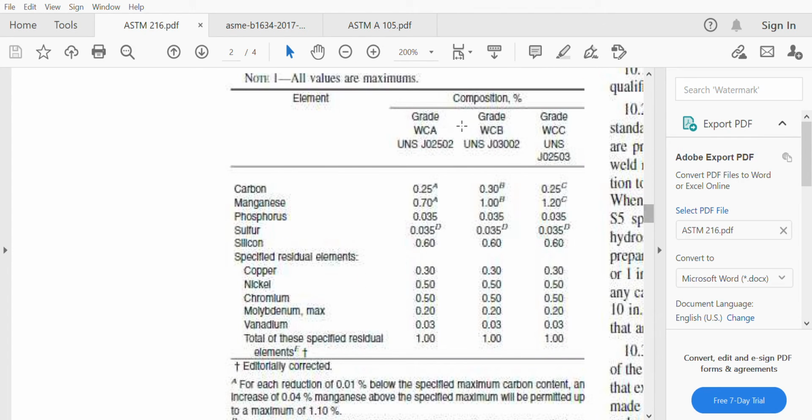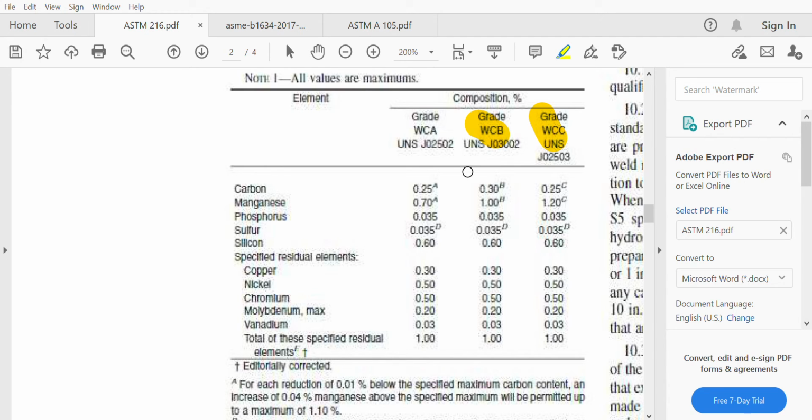you can see that in this particular specification there are three grades of material, that is WCA, WCB and WCC. Within these three categories, WCB and WCC are the most widely used materials.